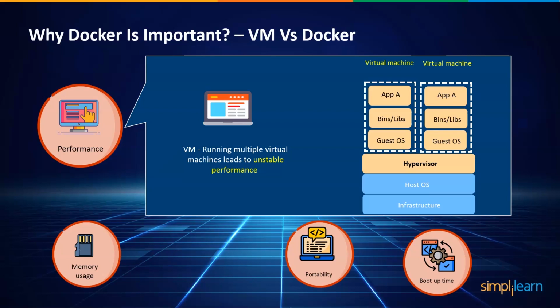The guest operating system is also going to take some resources, for example memory, space and processor. In every resource term, it is going to use some of the resources.